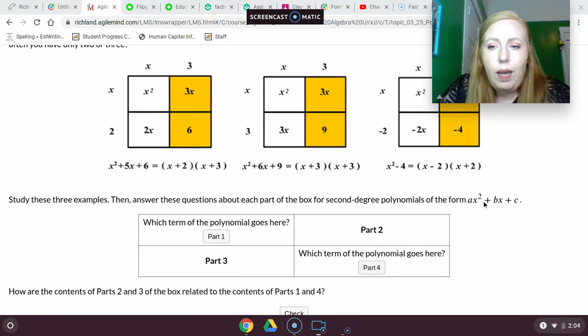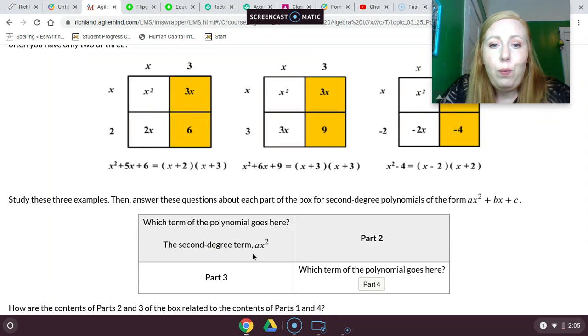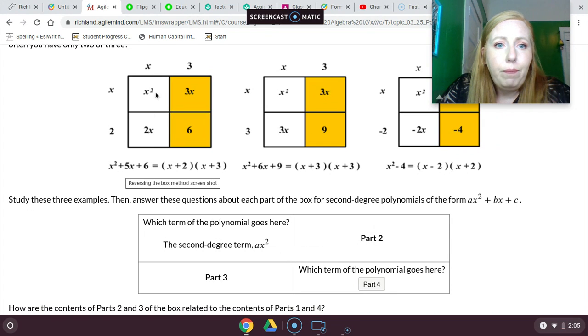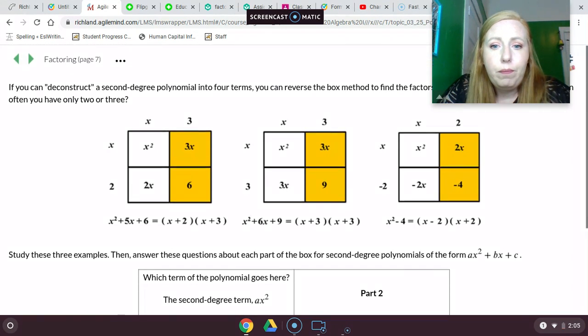The ax squared, the bx, or the c? And it would be the ax squared. Every single time, for every single problem, this term went here.